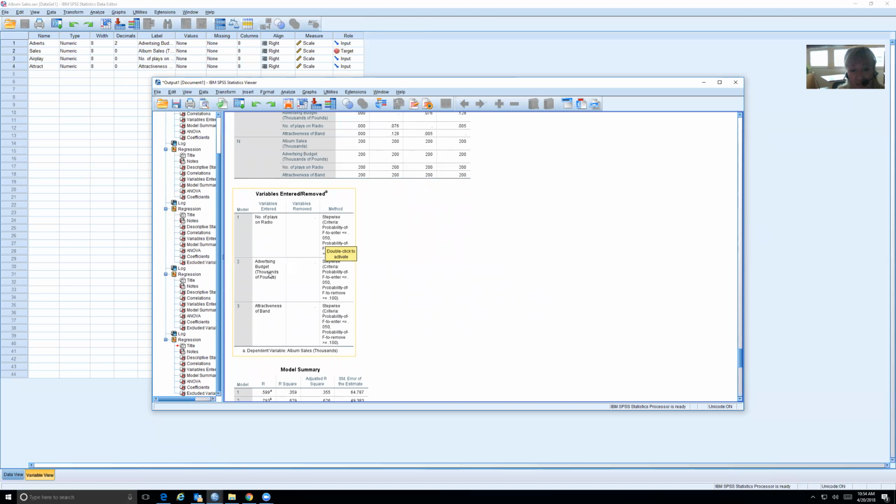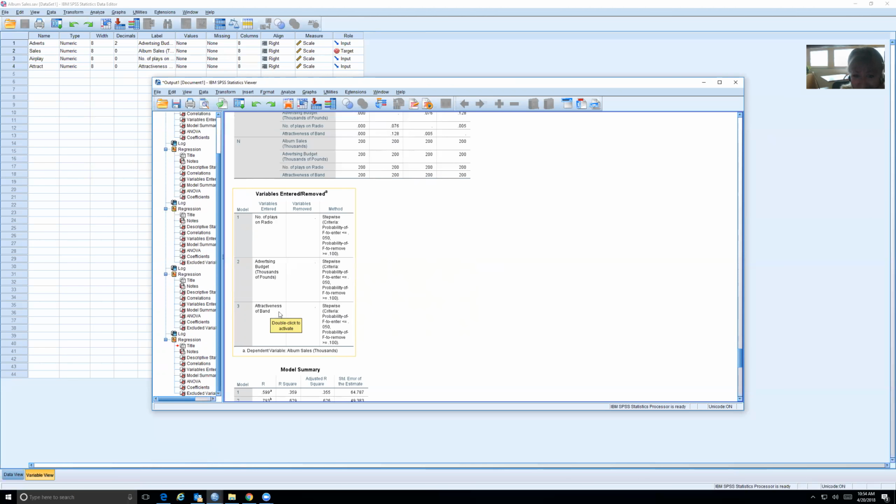Let's add in advertising budget. Advertising budget was the second highest correlated. When we put advertising budget in, F is still less than 0.05, so these two together are still significant. Sometimes what happens is when we put something else in, the first one becomes less significant and even possibly has to be removed. In this case, that's not true.